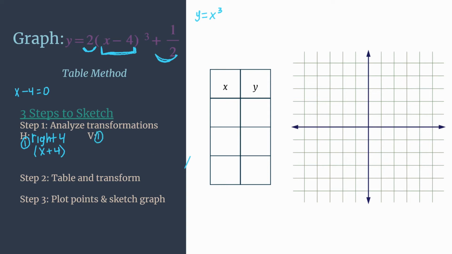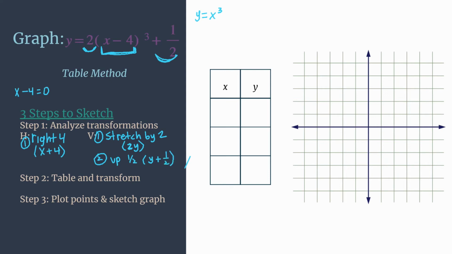So this transformation, exactly like we see it, 2 times, we're multiplying our y's times 2, or we're stretching our function vertically. So we'll record a stretch by 2, or 2 times our y's. And then secondly, that plus 1/2, we will shift everything up 1/2, or y's plus 1/2.